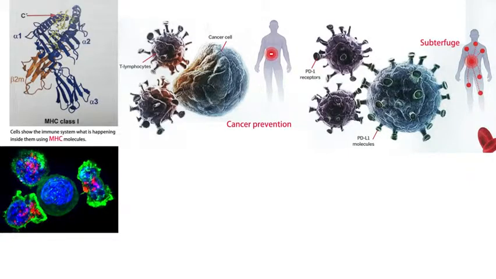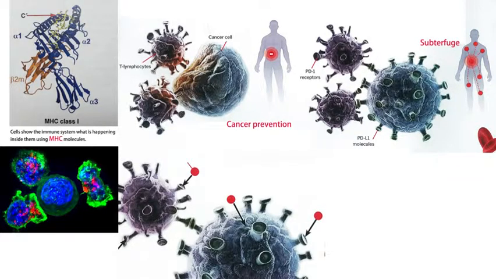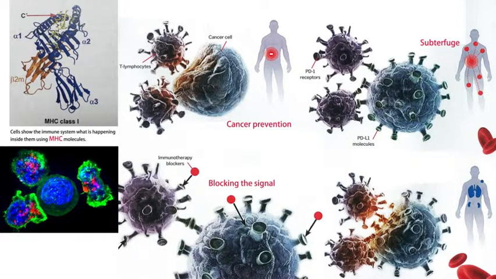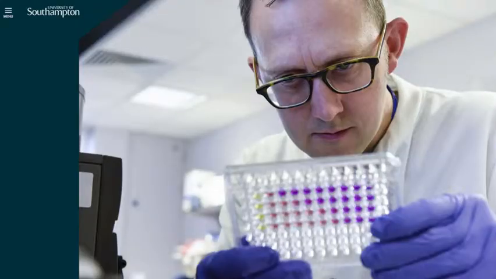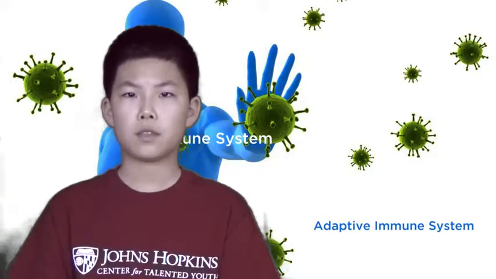Some of the new immunotherapy treatments aim to switch the immune system back on by blocking PD-L1 on cancer cells or its matching molecule PD-1 on T cells. The immune system is then able to recognize the cancer cells again and is able to send them signals that tell them to safely undergo apoptosis. Dr. James's team believe that immunotherapy has the potential to treat over 100 different types of cancer.